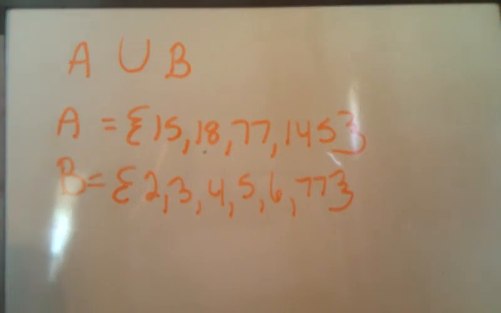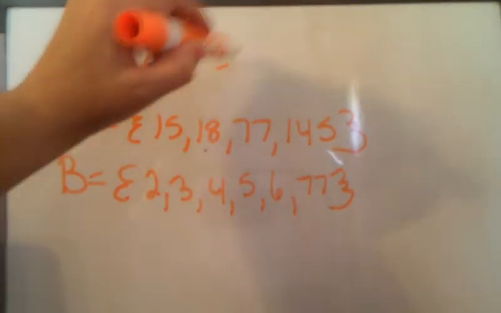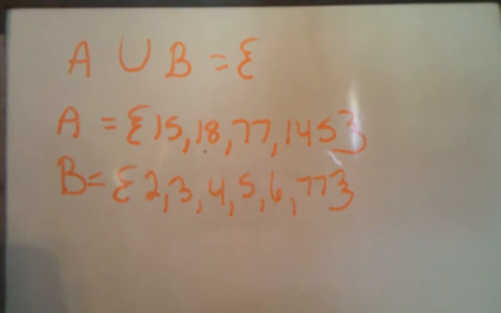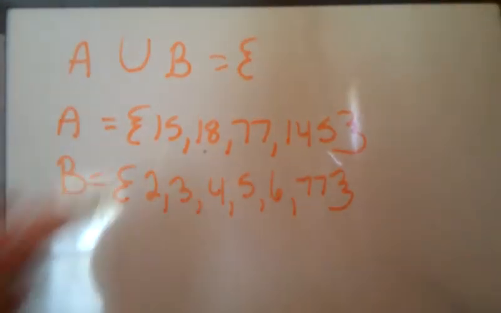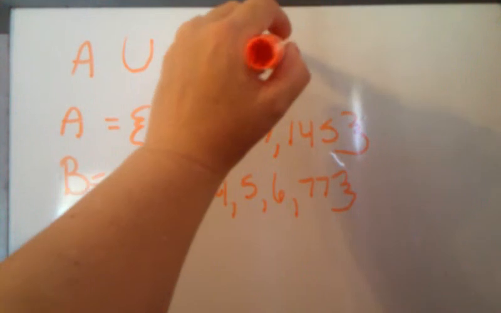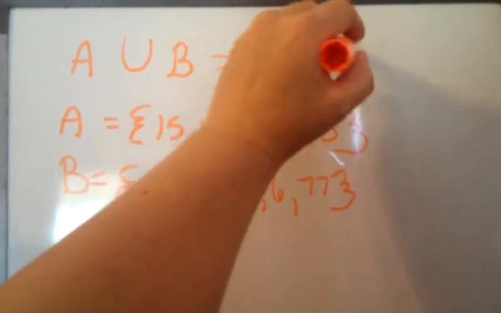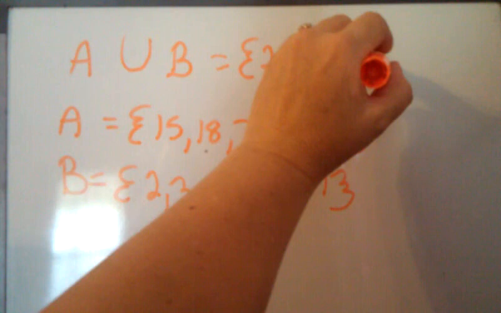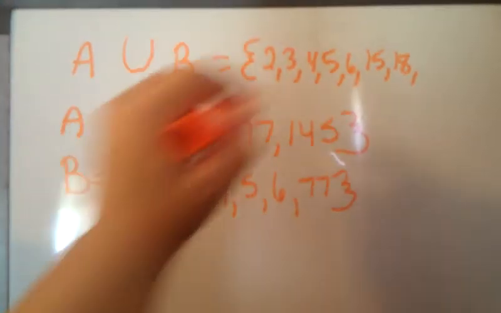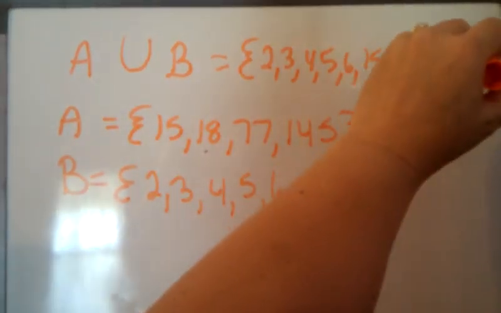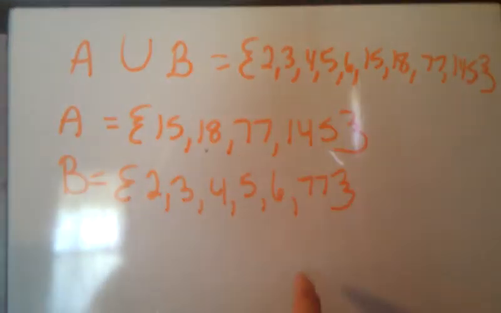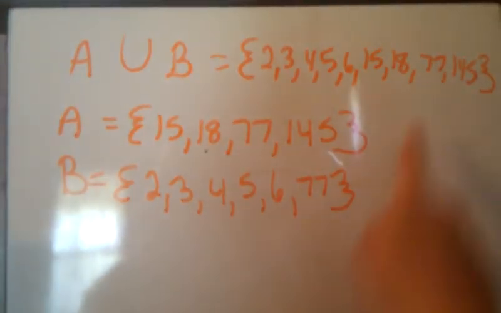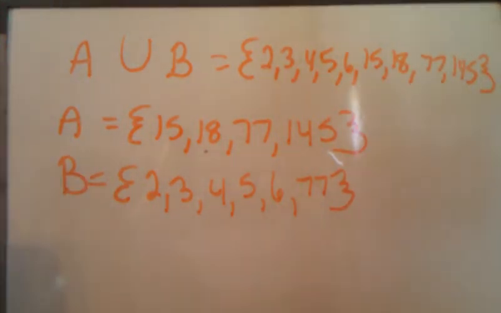So A union B equals, and I would write all of these numbers in order: 2, 3, 4, 5, 6, 15, 18, 77, and 145. 77 is in there twice, but I only list it once when I put the union of the sets. So union means I list all the elements in both sets.